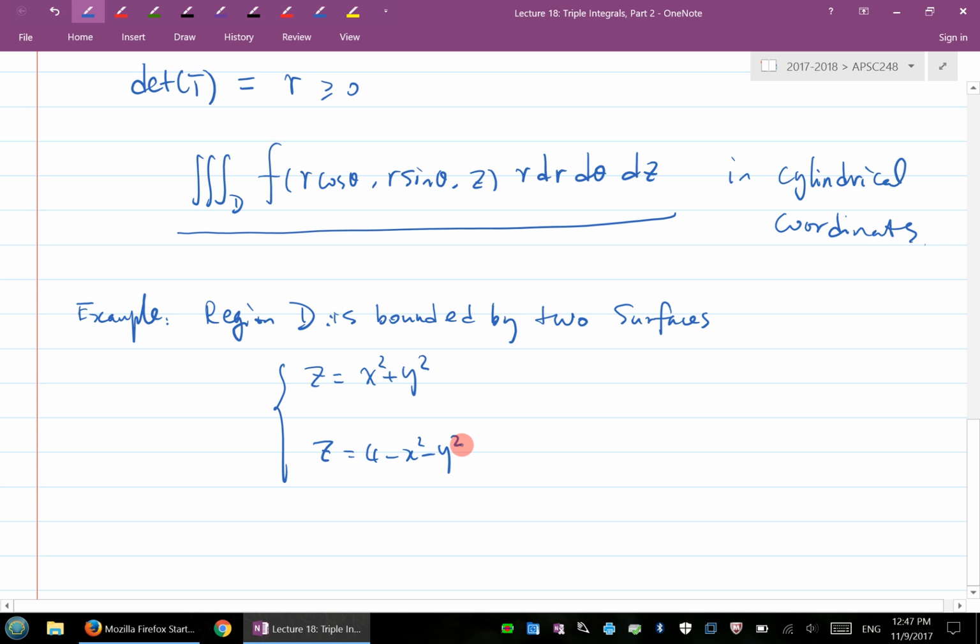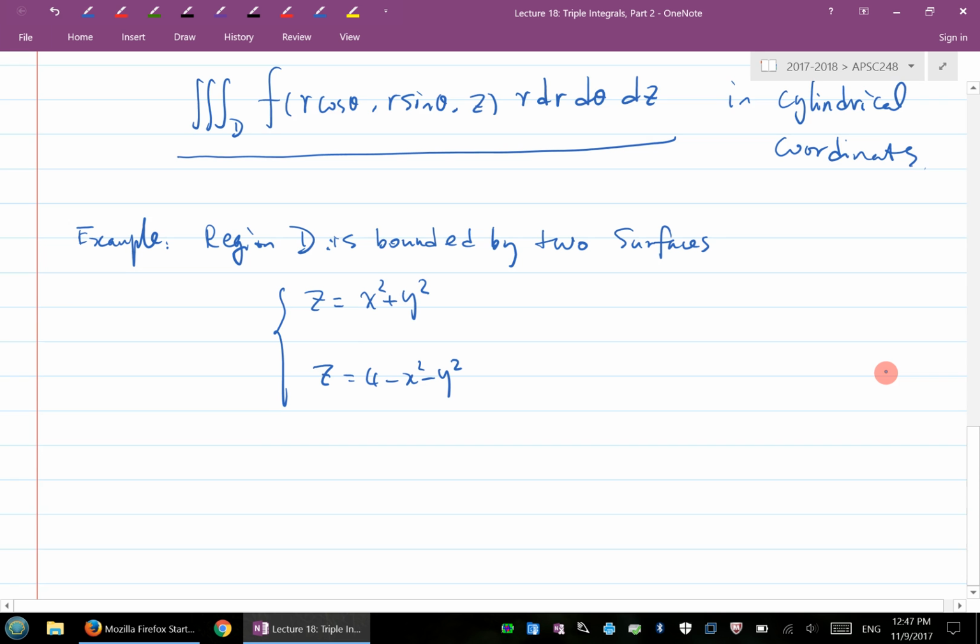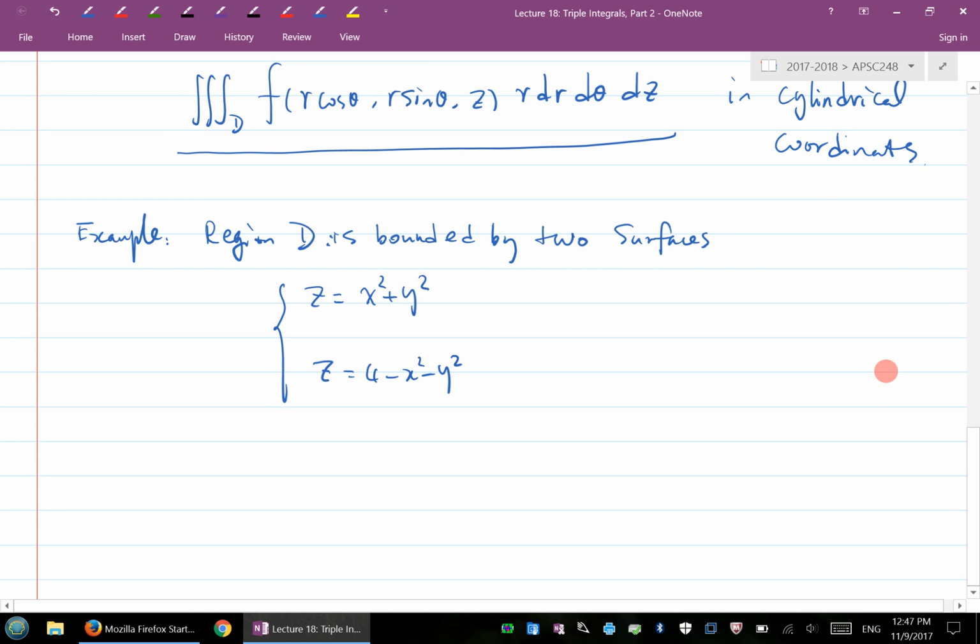So these are the two surfaces we're sandwiching this region D with. I mean, we're not talking about a very sophisticated object or surfaces here. So when you see this, it should strike you right away. The first one here is a paraboloid, and this is also a paraboloid, except that it is in an inverted direction, upside down.